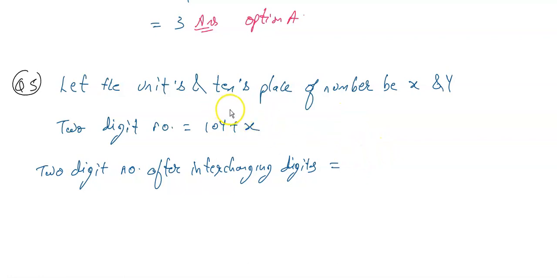Tens place would be x and units place would be y. So this would be 10x plus y.